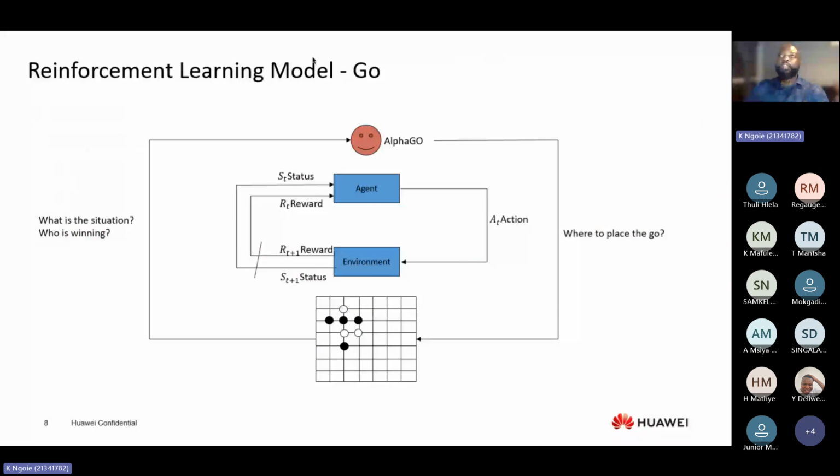Does anyone remember what AlphaGo is? Can anybody tell us what AlphaGo is?